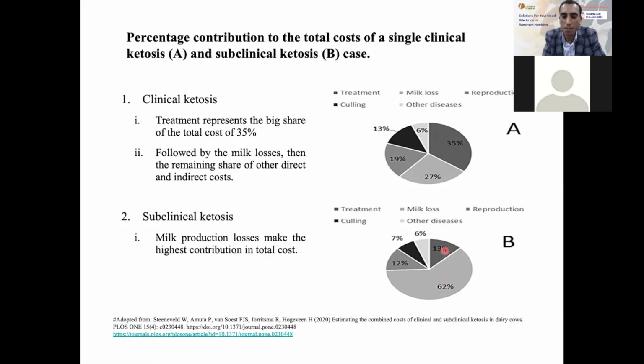Even though the treatment and medicine cost is less, because the medicine given to the cow is little, or sometimes it doesn't take any medicine, at the same time the reduction of milk yield and the losses continue for a long time. So this can explain why the milk production cost here is higher than in clinical ketosis.